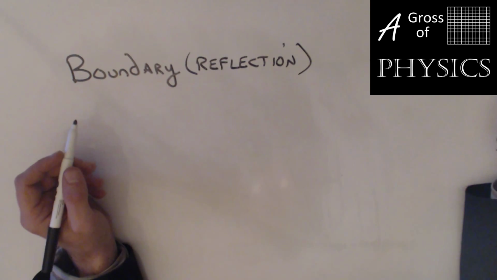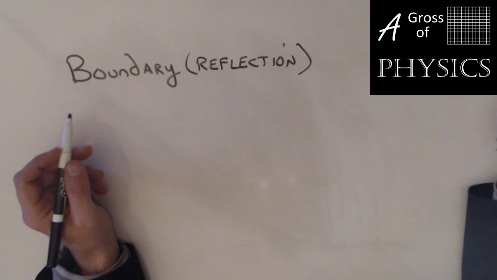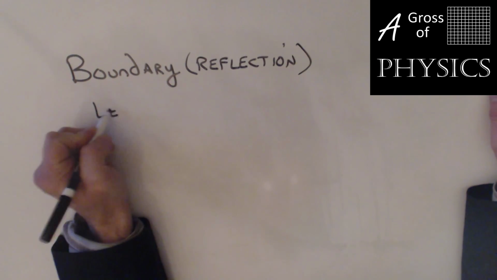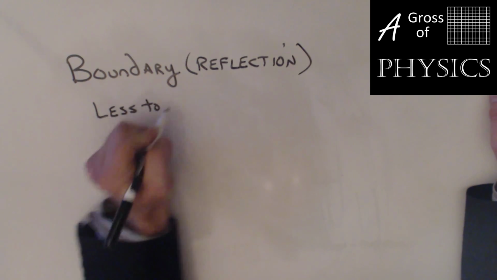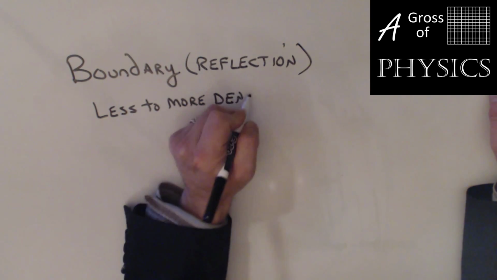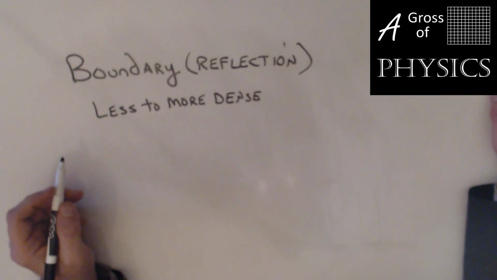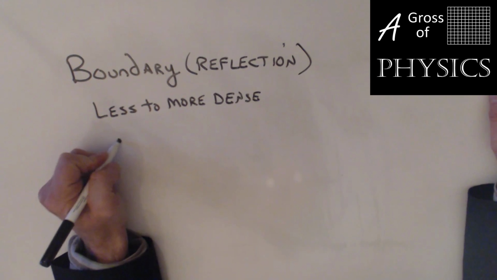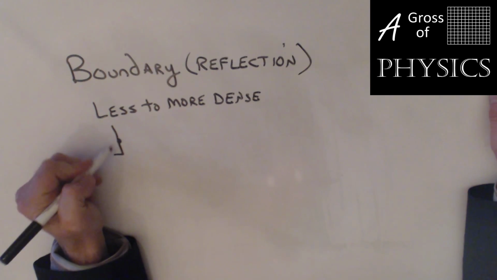When we deal with a wave bouncing off of a boundary due to reflection, there are two cases. We can go from less to more dense. In that case, it acts as if you had a spring that was tied down to a wall.